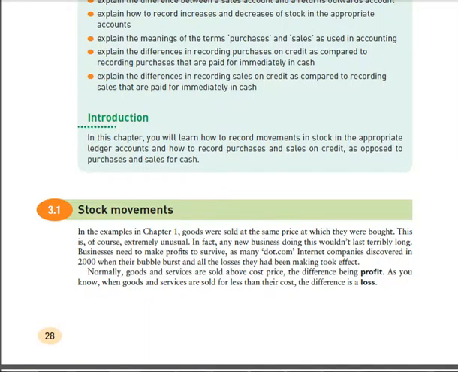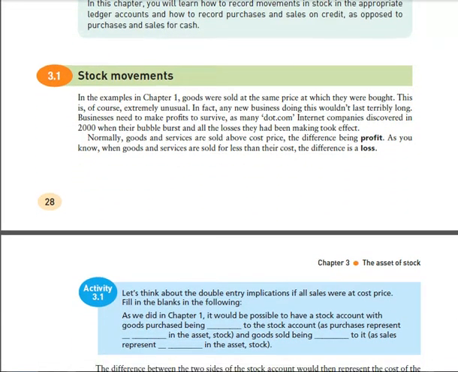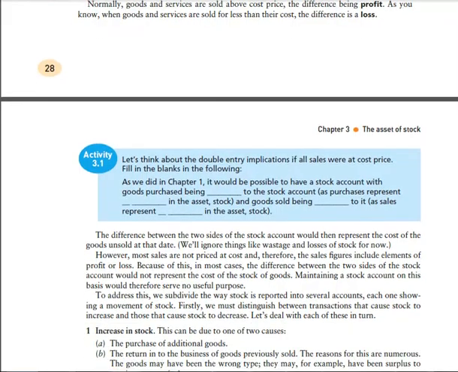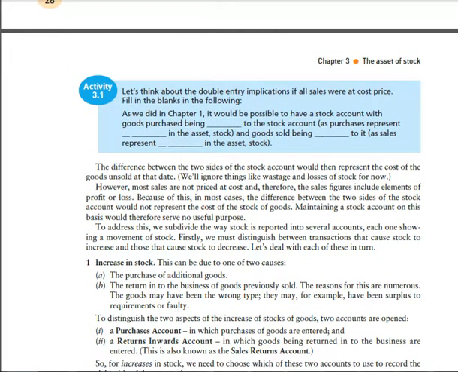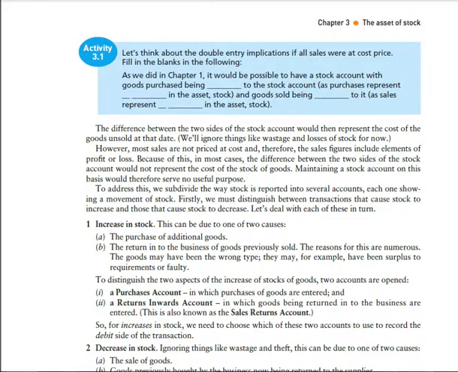That's why we use a trading and profit and loss account to find out how much stock we have left and what is the resultant profit. So suffice to say here that the recording of stock is not covered as we would record other sorts of assets.